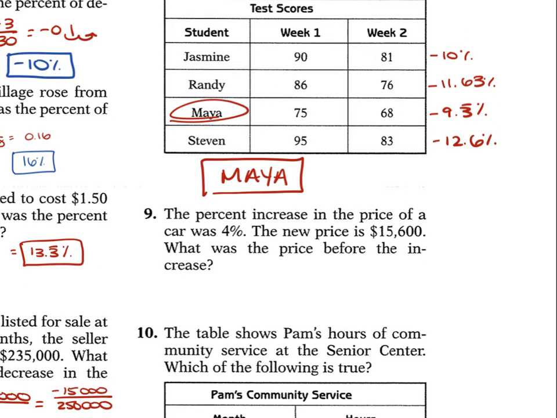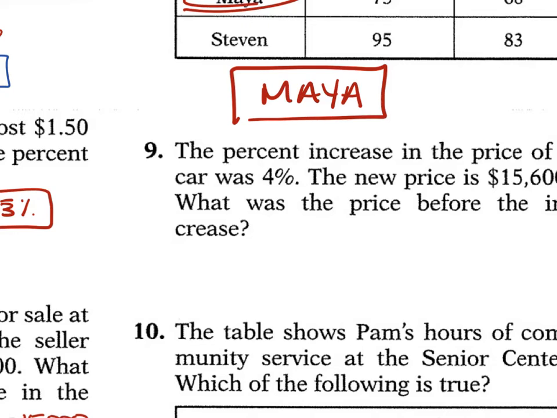For 9, it says the percent increase in the price of a car was 4%. The new price is $15,600. What was the price before the increase? So we are finding X. That's our new price. We have $15,600 minus X over X is equal to 0.04.